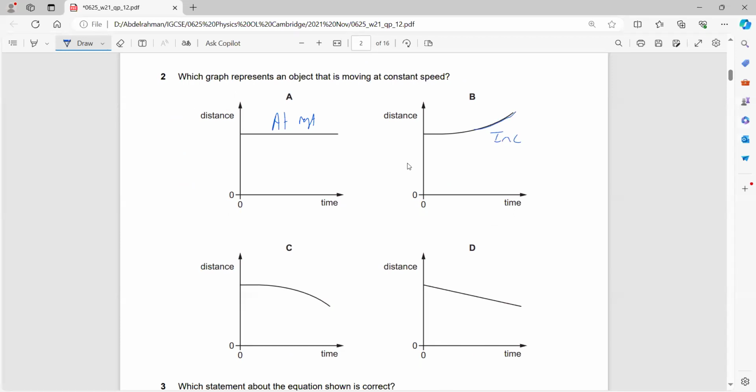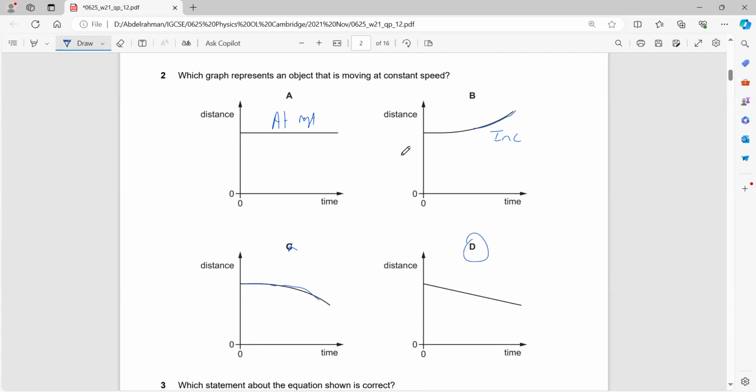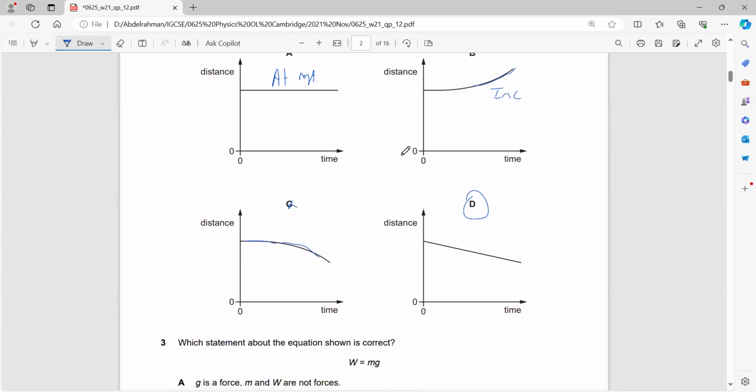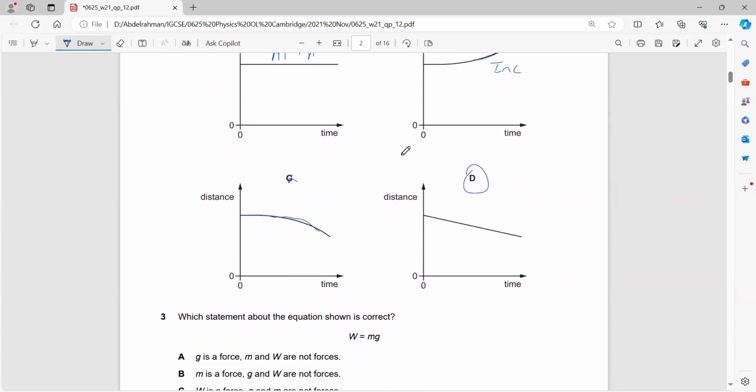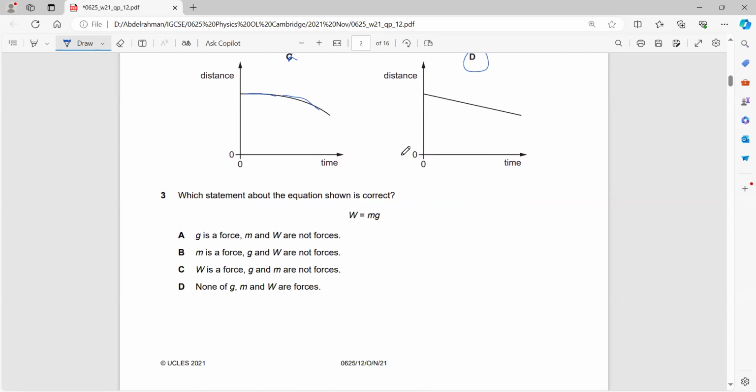Increasing speed, no. C, at rest and then decreasing speed, okay. Which is wrong. Yes, it is D. To be very honest, this graph should be another type of graph, a distance-time graph, but it's okay. When the slope is constant, you have a constant speed.